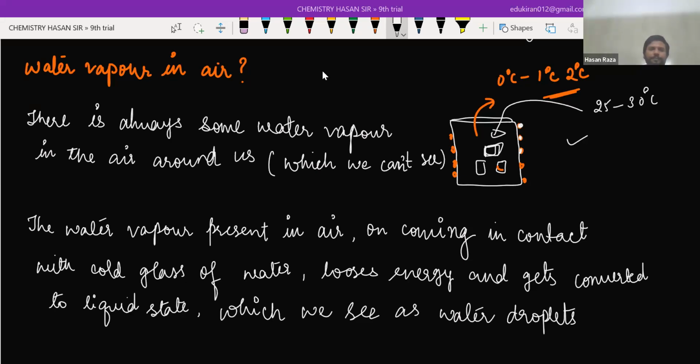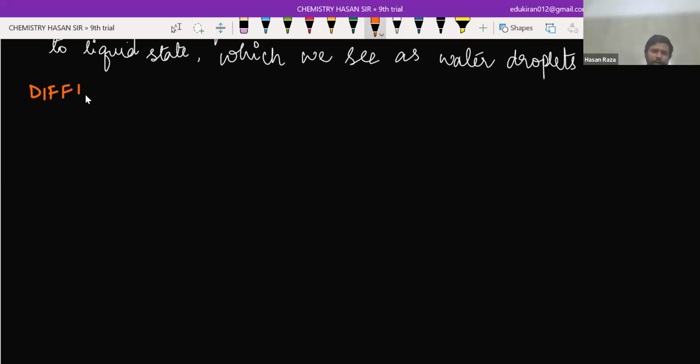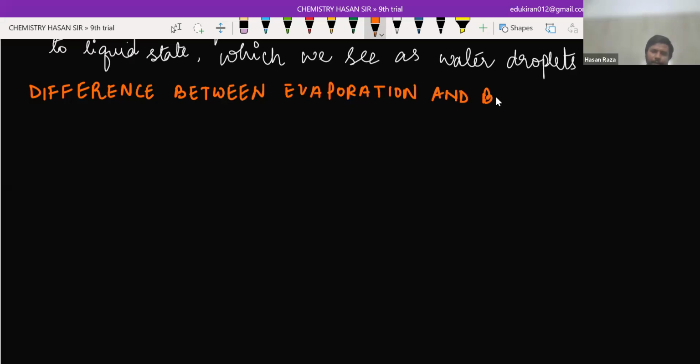Very good. Now I'm going to write the difference between evaporation and boiling. So write it: difference between evaporation and boiling.